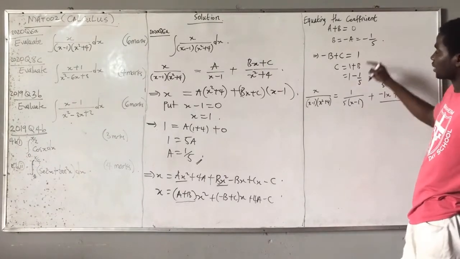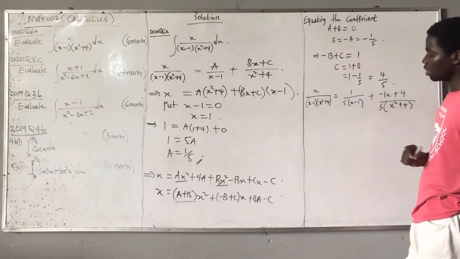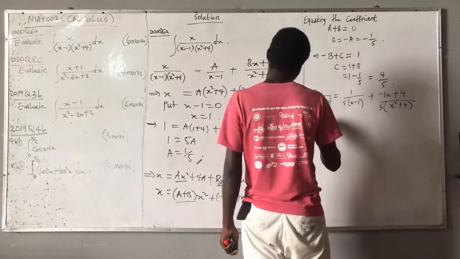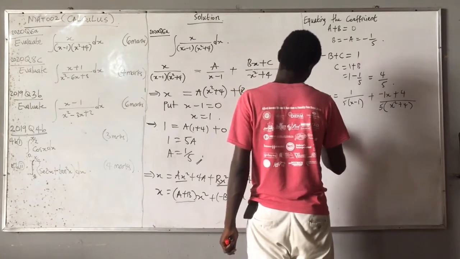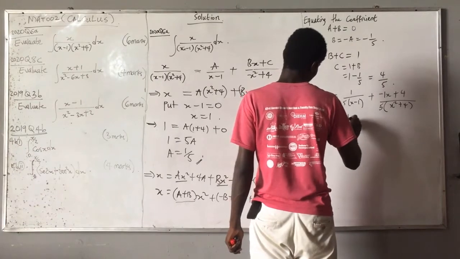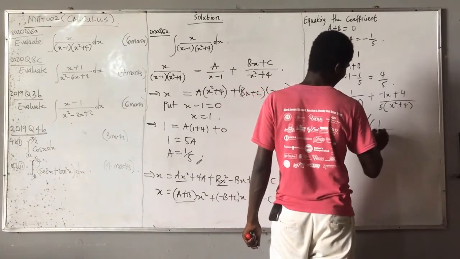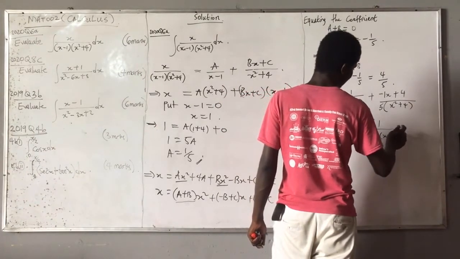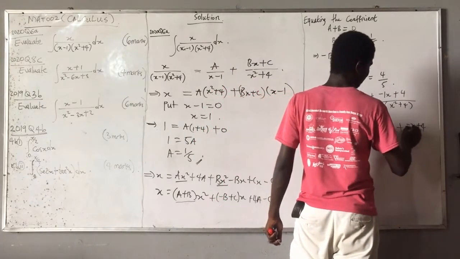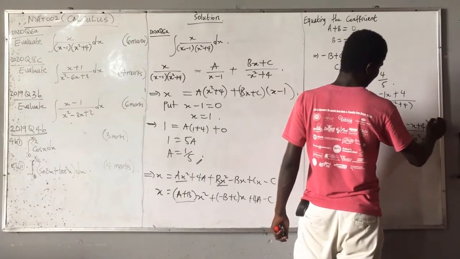So the integral of 1 over s minus 1 times s squared plus 4 ds is equal to the integral of 1 over 5 times s minus 1, plus minus s plus 4 all over 5 times s squared plus 4 ds.